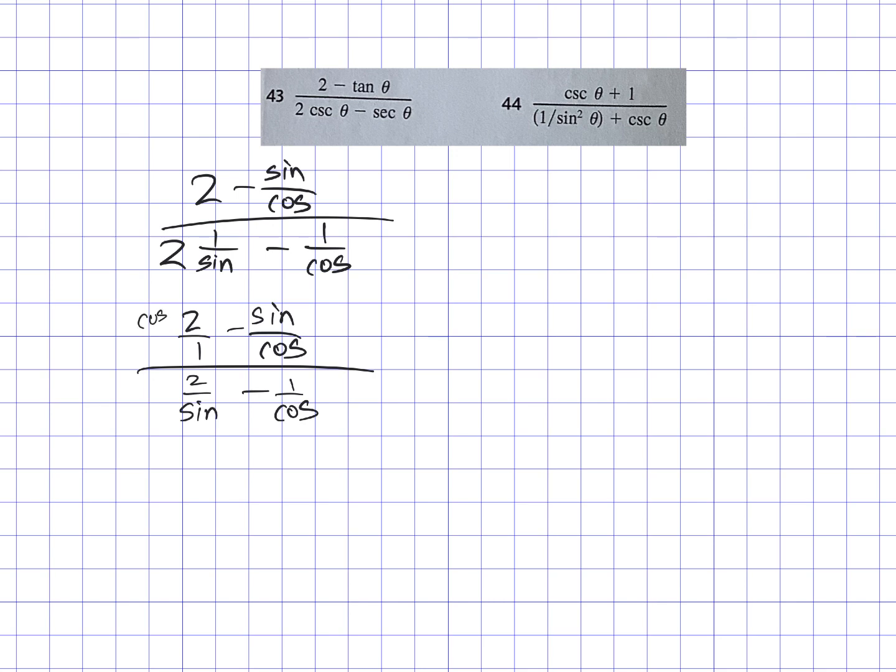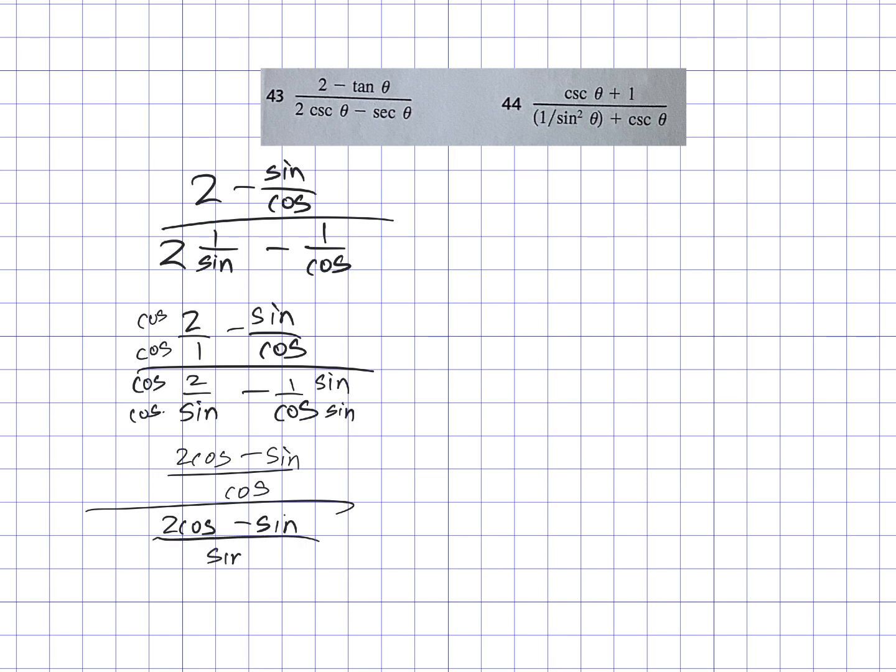I'm going to multiply by cosine over cosine, and I get 2 cosine minus the sine all over the cosine. That's my numerator. In the denominator, I need a cosine here, and I need a sine here. So in the denominator, I have 2 cosine minus the sine, that looks familiar, all over sine cosine.